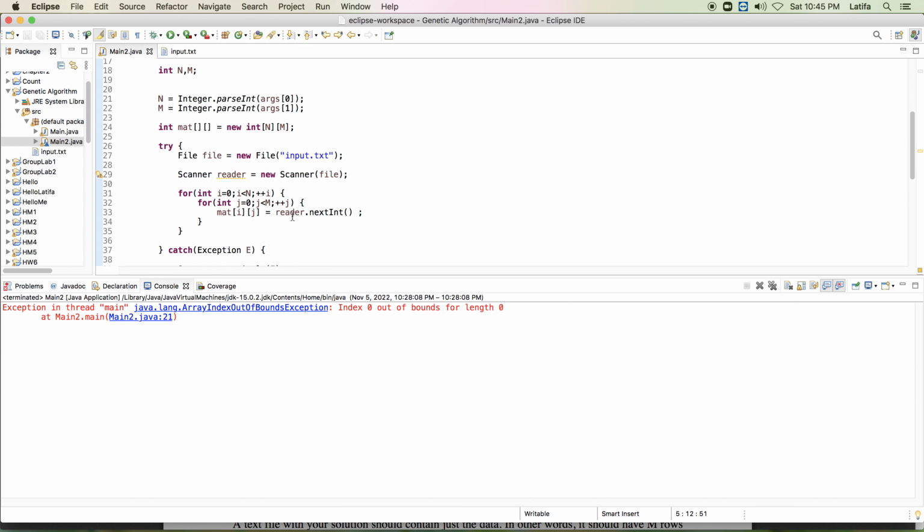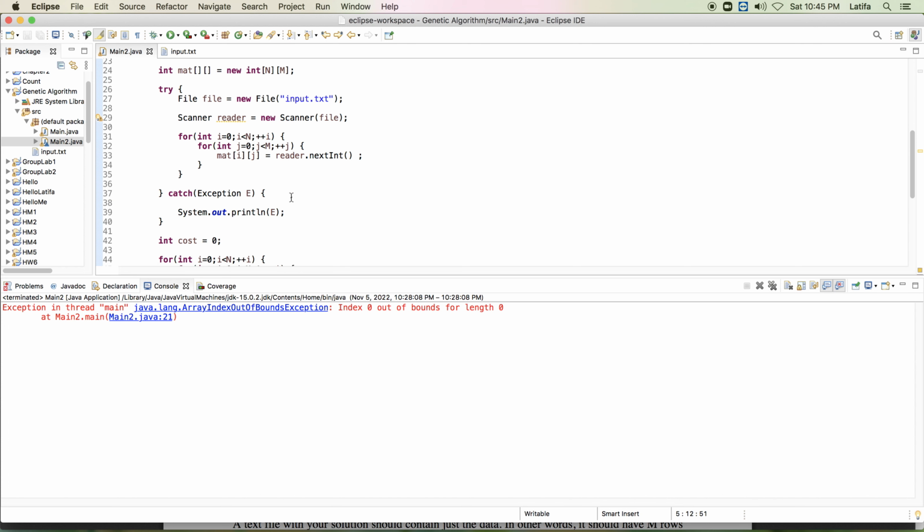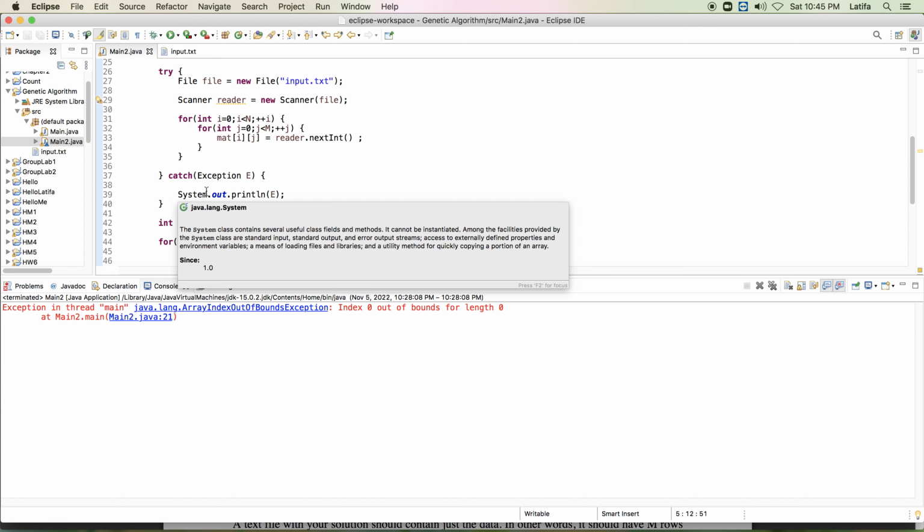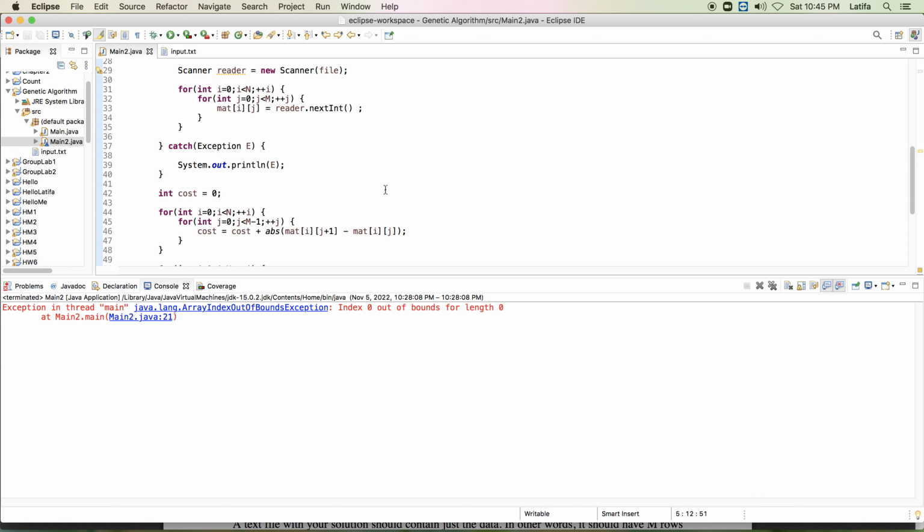I have populated the matrix with all the numbers that the user is going to enter. By doing matrix[i][j] equals reader.nextInt, this is putting all the numbers inside the matrix, and here I'm catching the exception, and inside of it of course I print the exception.